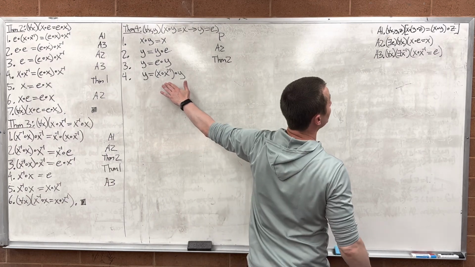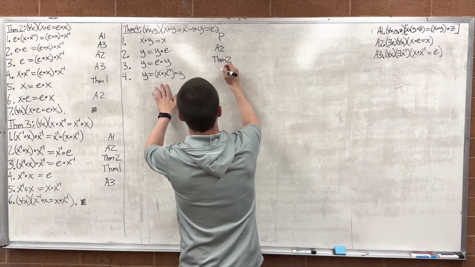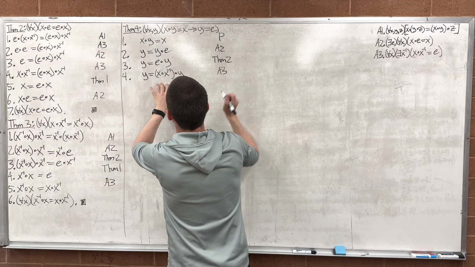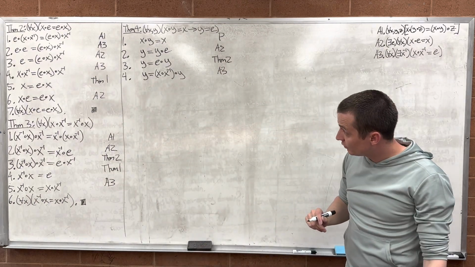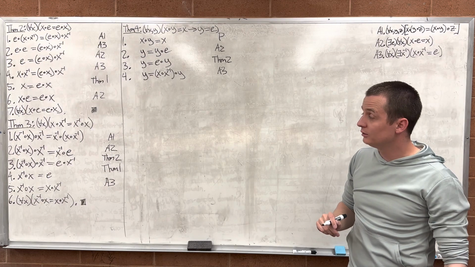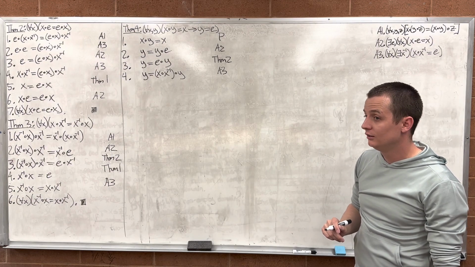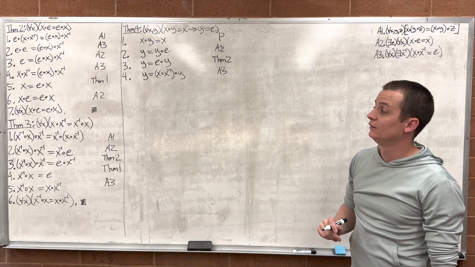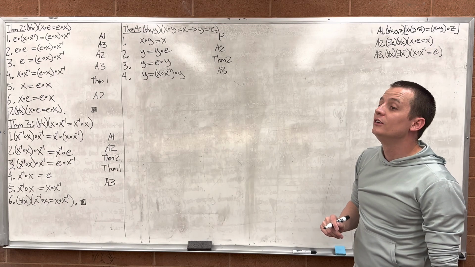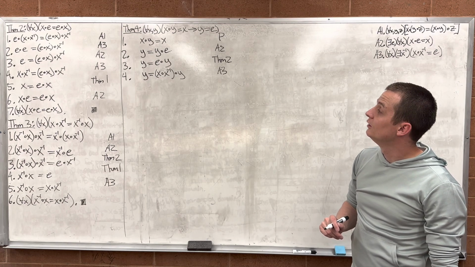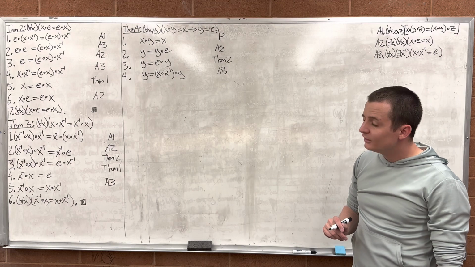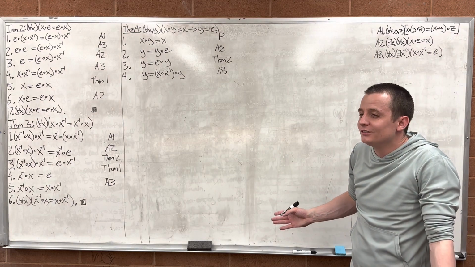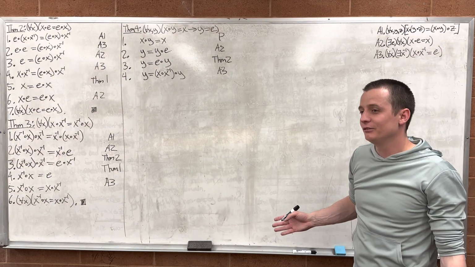That was using axiom 3. Okay. Now what do I know? Compose is associative. I know compose is associative. As a general rule, you probably have to use a previous theorem for the next theorem.